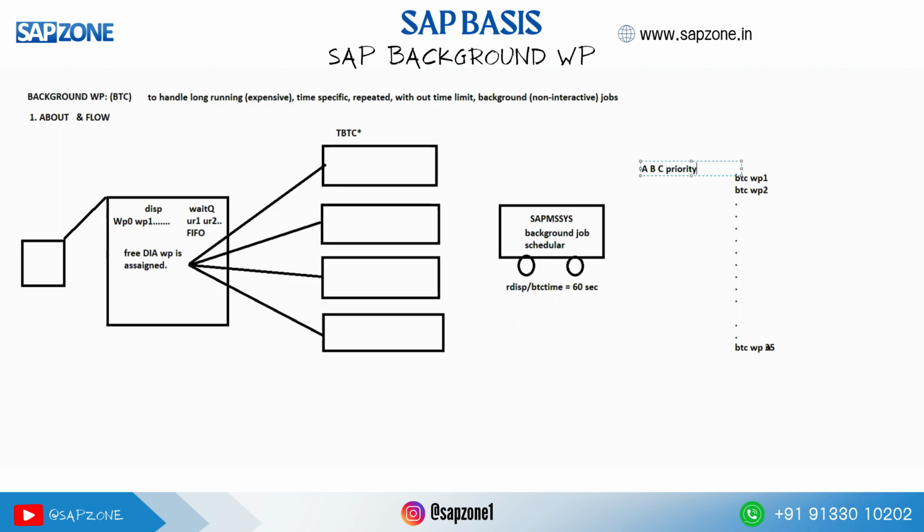Every job has some priority. But see here, the dialog work process is assigned by the dispatcher based on first in, first out, whereas the scheduler comes every 60 seconds and reads the tables based on the ABC priority.